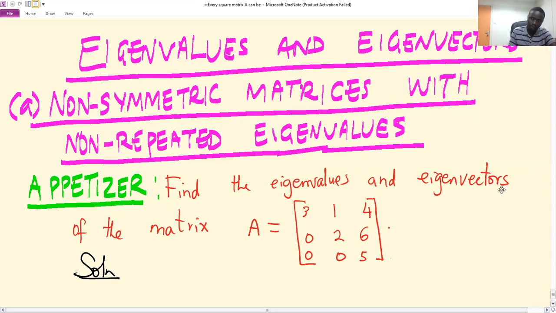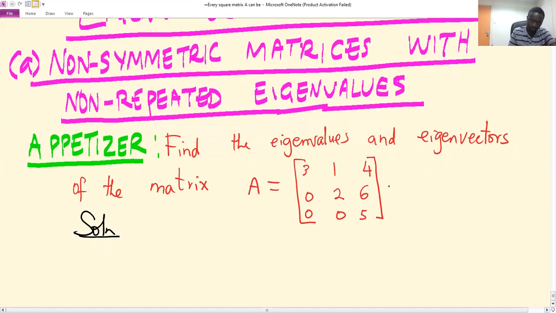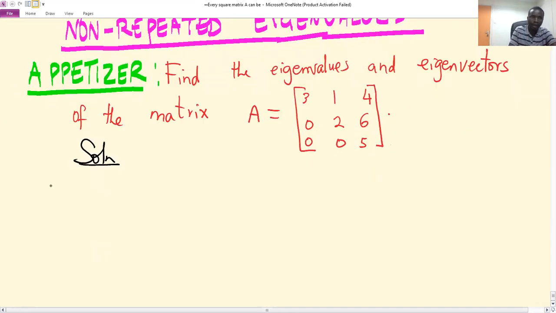So the first step is to get the eigenvalues. And for eigenvalues, you solve the equation determinant of A minus lambda I equals 0.